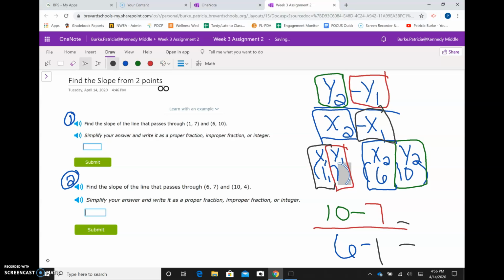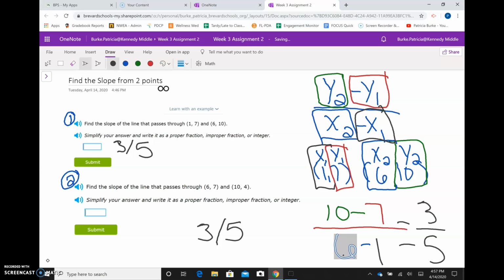So 10 minus 7 is 3, and 6 minus 1 is 5. You can't simplify 3/5 any further, so again, you would type in 3, your slash, that is on the same key as your question mark, and a 5. So the answer to number 1 is 3/5.